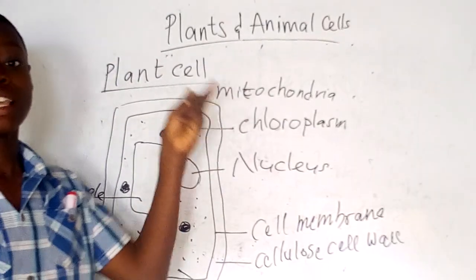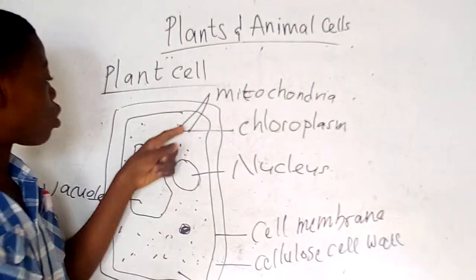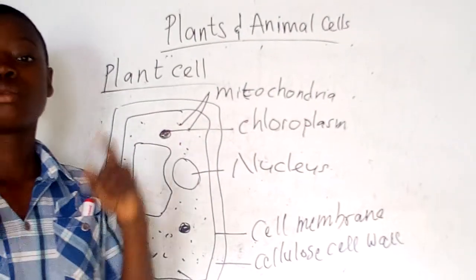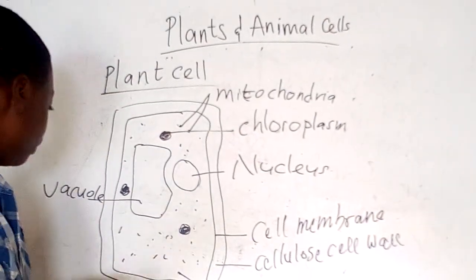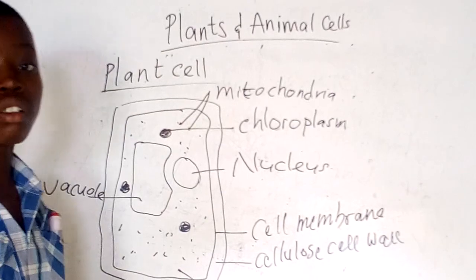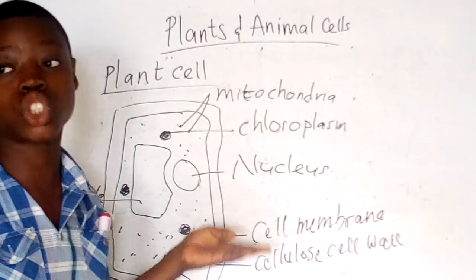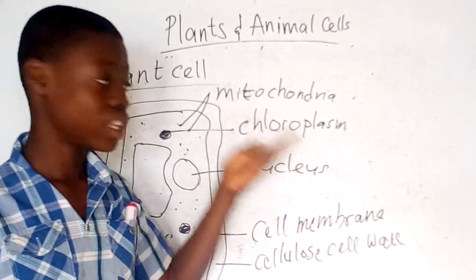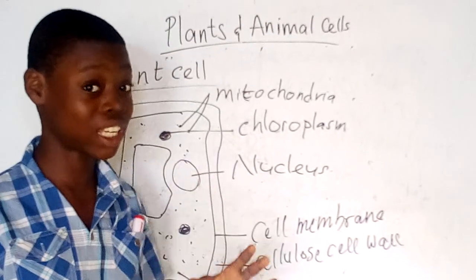Mitochondria is multiple, so you can label it like this: mitochondria. And single is mitochondrion. Okay, let's move on. So this is the labeling of the plant cell. You can label it in your textbooks or your jotters and follow it fervently. You can memorize it, but make sure you understand it.